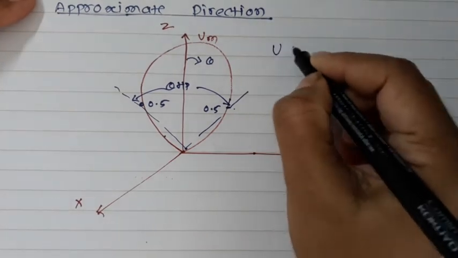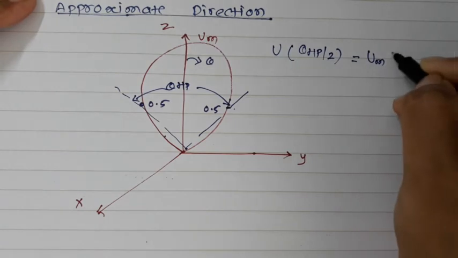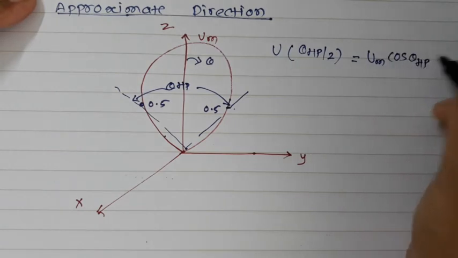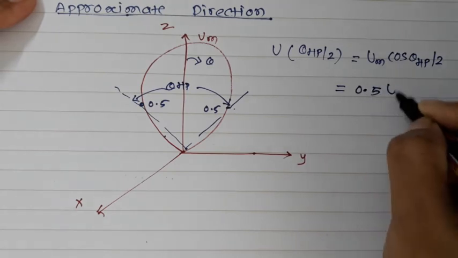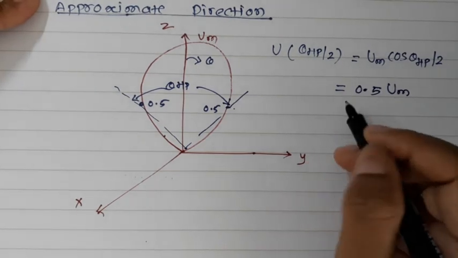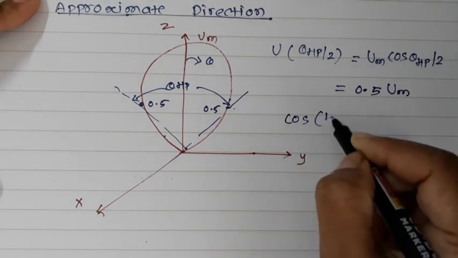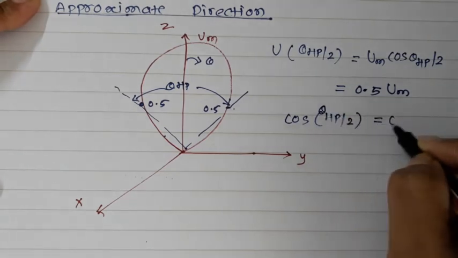So U of theta HP by 2 is equal to Um cos of theta HP by 2. So this is 0.5 Um, or you can say that cos of theta HP by 2 is equal to 0.5.